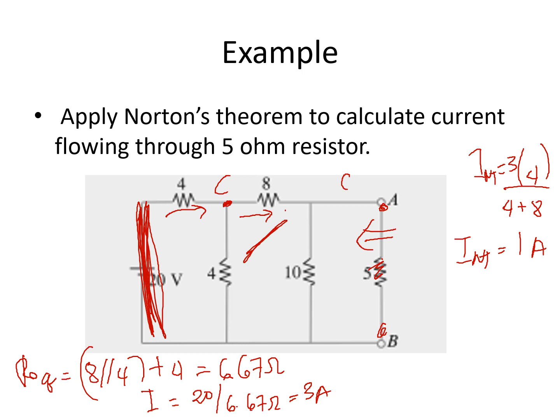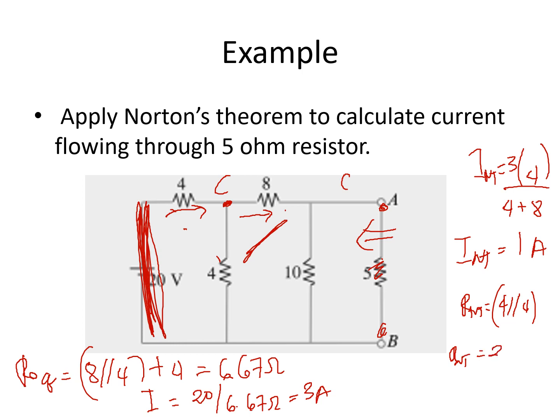Looking there, we have here 4 parallel 4. So to solve for our R_N, what is 4 parallel 4? That is equivalent to 2.